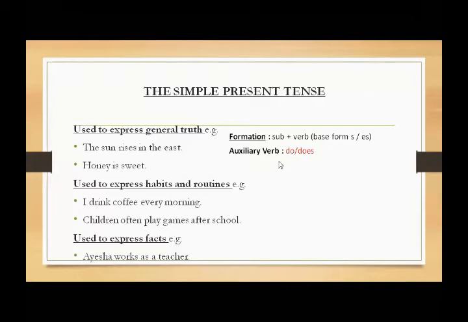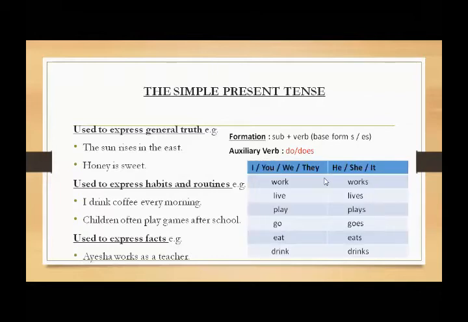So let's see where we have to use s or es and where we don't. With the pronouns I, you, we, they, we don't have to use any; we just use the simple first form of the verb.